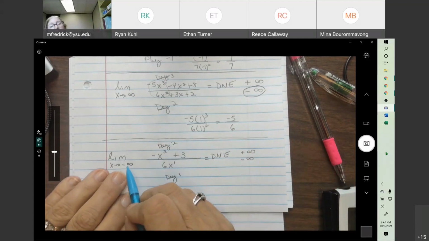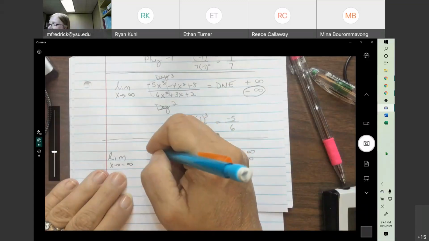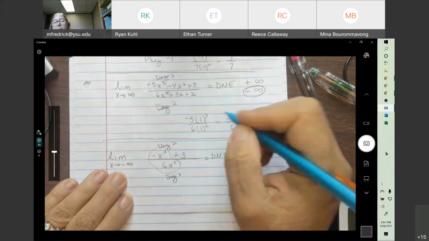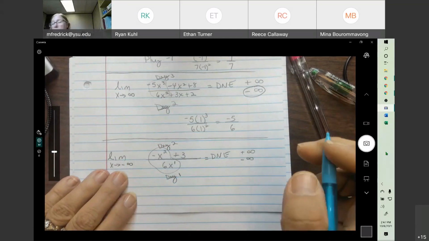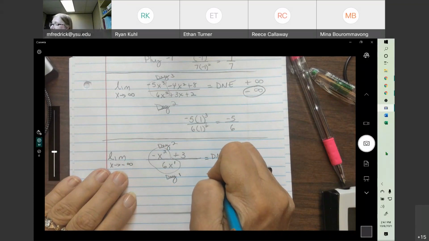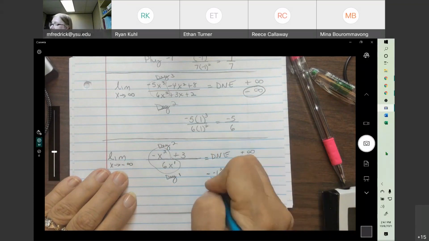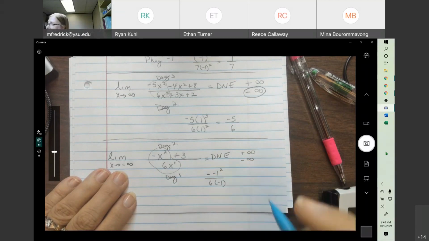This is a negative infinity, so I want to plug in any negative value, and you only use the largest degreed term on top and bottom. I'm going to use -1 because it's the easiest. We have negative. Now you want to be careful here. I always put parentheses when I plug things in because this is not negative times a negative, a positive 1 squared.